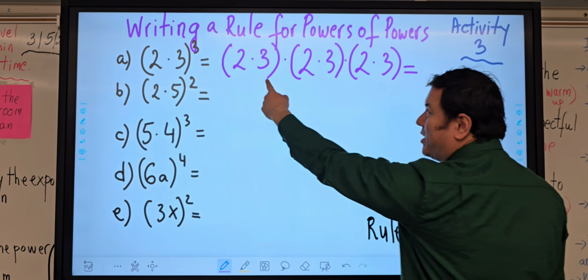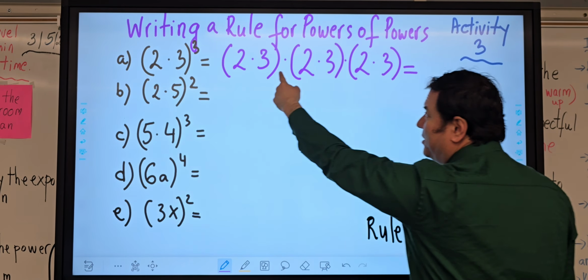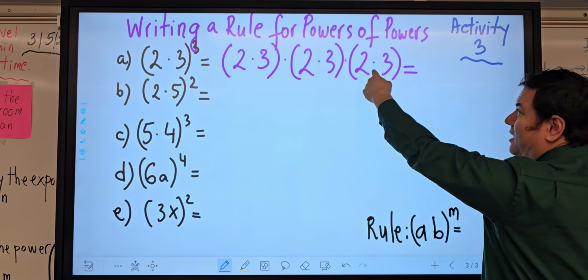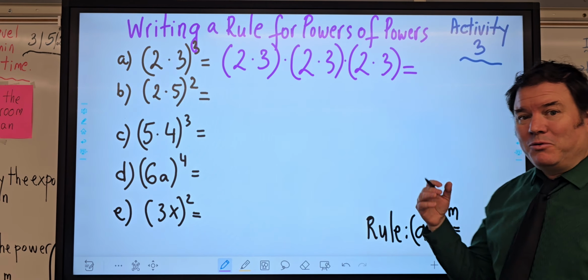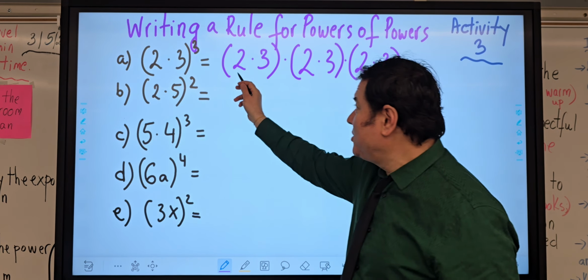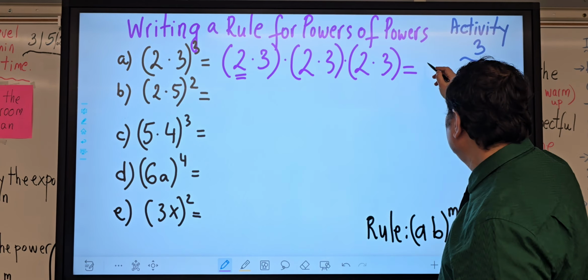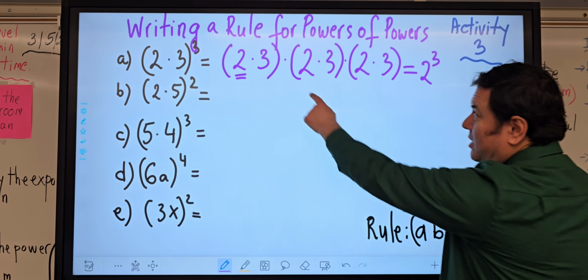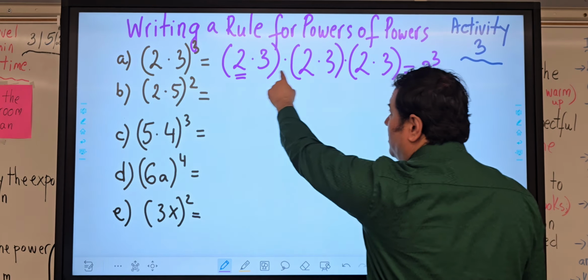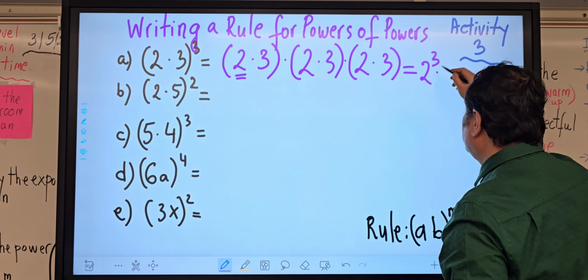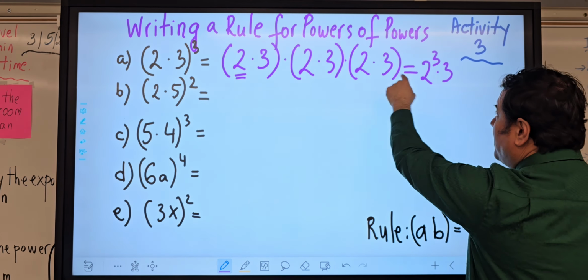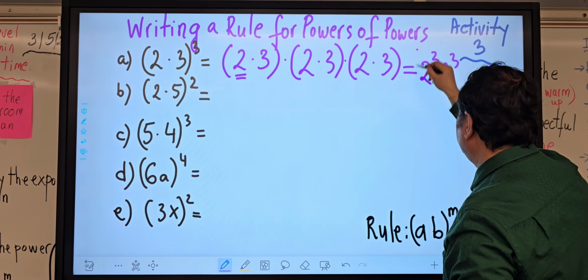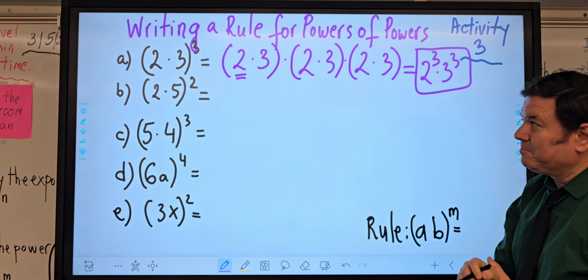Let's see how many 2's we have here. We have 1, 2, another 2, and another 2, right? So we have 3 2's, so the base is 2. So we have 2 to the 3rd power times, and let's see how many 3's we have there. 1, 2, 3. So times 3 to the 3rd power. And that will be our answer.